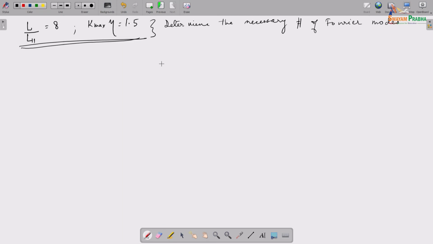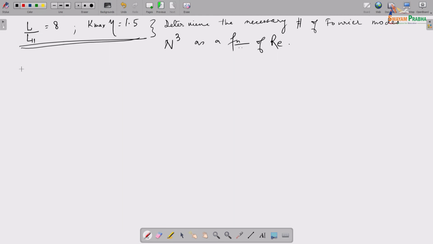So, the total number of Fourier modes is basically given by N cubed, right, as a function of Reynolds number, and this N is essentially the number of modes required in each direction, right.